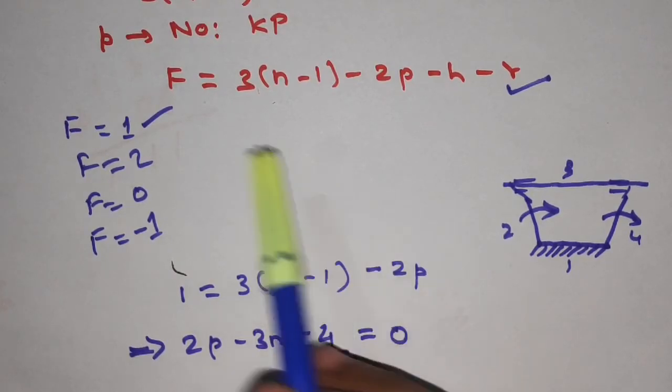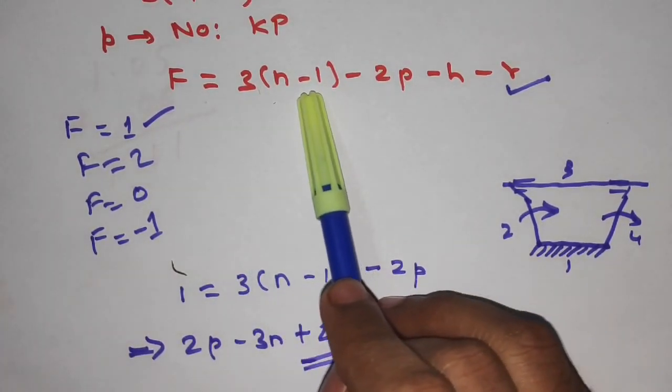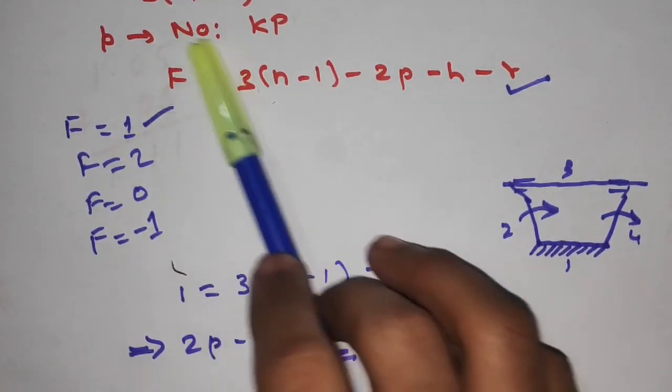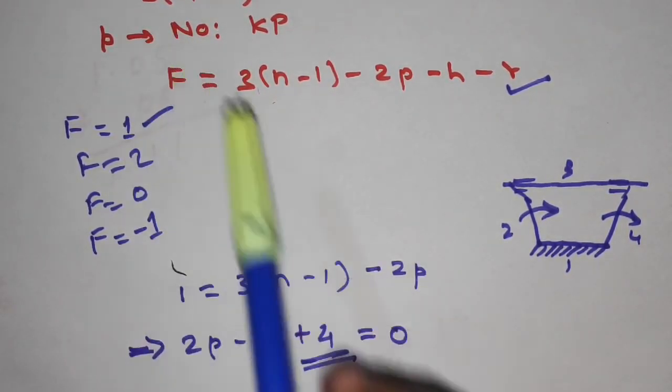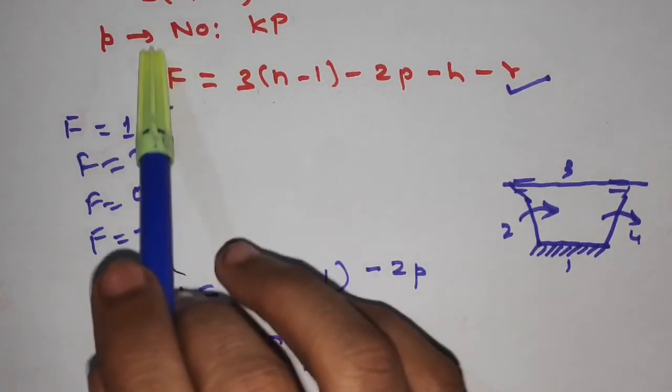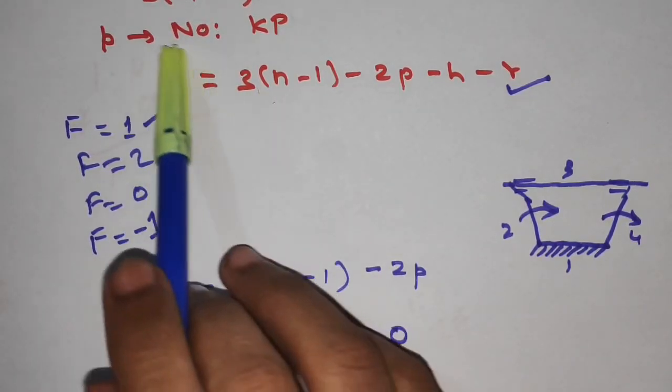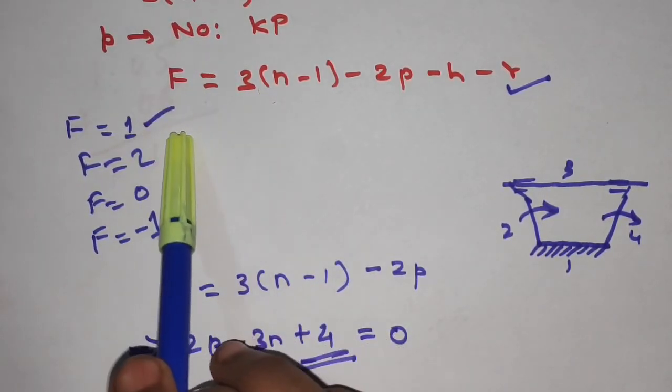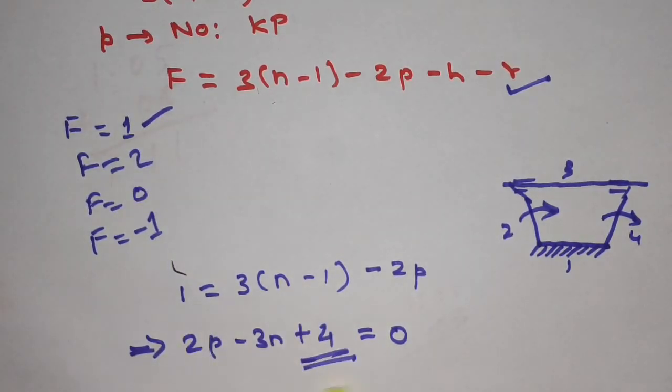So we will make use of Kutzbach equation to determine the degrees of freedom of any given system. And once the degrees of freedom is obtained, that is if the degrees of freedom is 1, then using Grubler's equation you should get that value as 0. So this is about Grubler's equation and degrees of freedom.